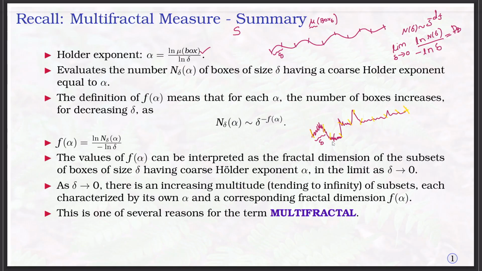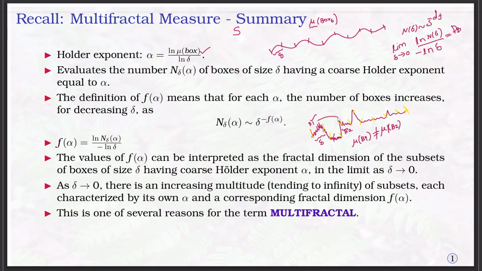Here the object has more fluctuation, so the measure of the box varies. For example, if this is box 1 and this is box 2, then the measure of box 1 is not equal to the measure of box 2.